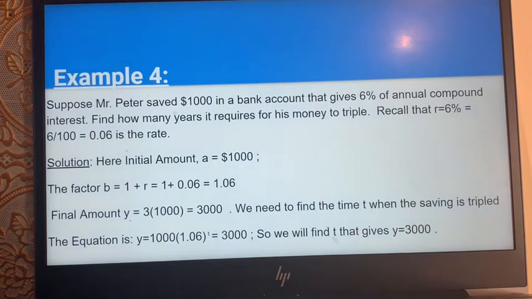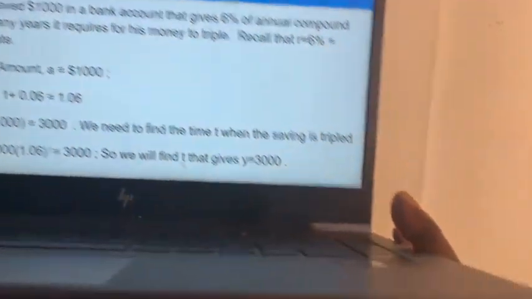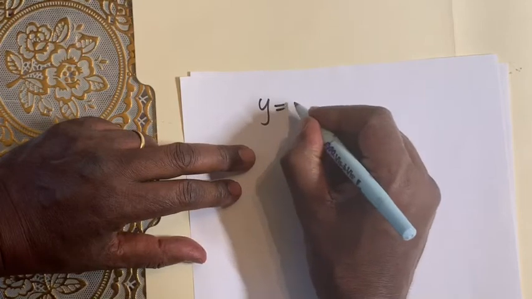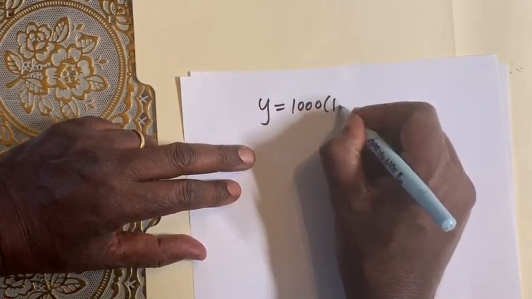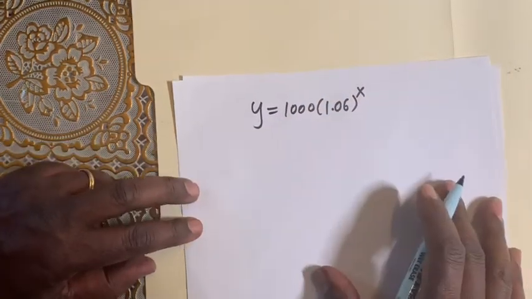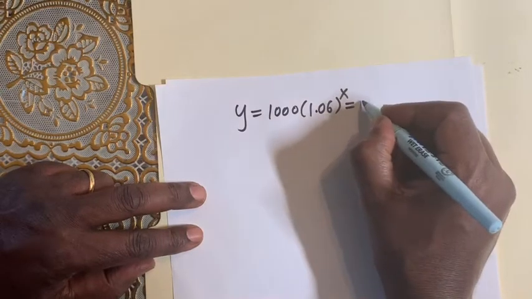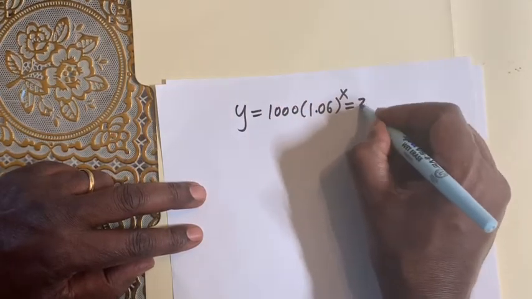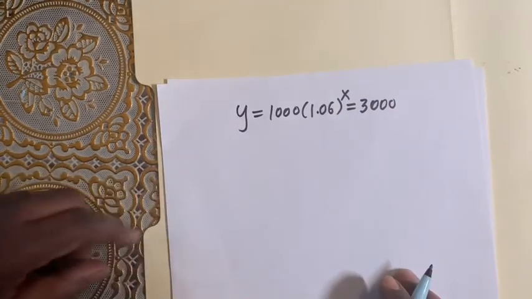One easy way to do this is to key in the function y equals 1000 times 1.06 to the power of x. Let me just demonstrate this. Let's replace the t by x. We want this function value after certain years to be 3000 so that it will be tripled.